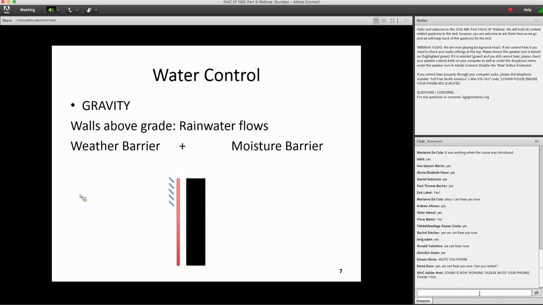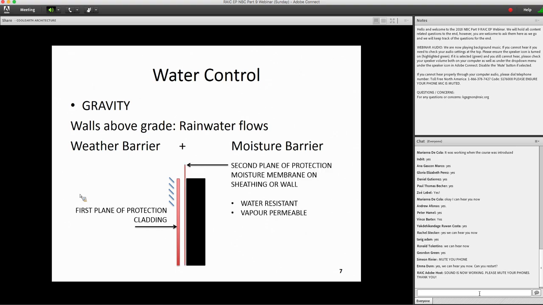For the wall, we have a different situation. The water does flow, and we have two planes of protection. The first one is the cladding. Some people call it the weather barrier. We're going to have water shedding or snow shedding from there. We're going to have an air cavity in between, and we're going to have a second plane of protection.